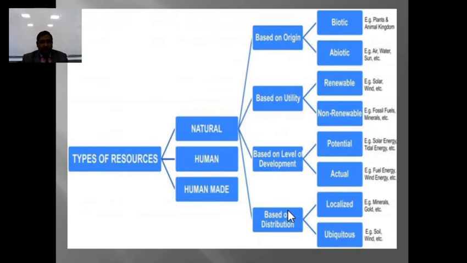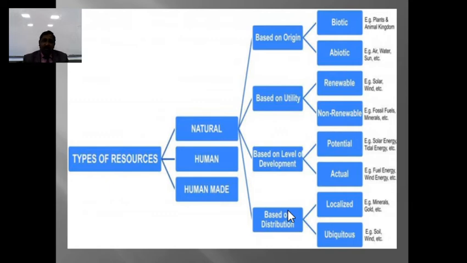Another category is based on the distribution: localized and ubiquitous resources. The resources that are found everywhere, like the air we breathe, are ubiquitous. So those resources which are present everywhere are ubiquitous resources, like soil, wind.